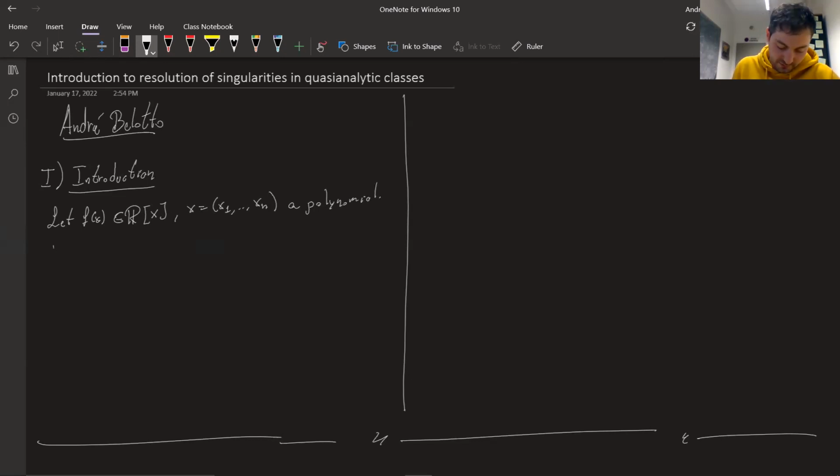So roughly, and this is very rough, a resolution of singularities of f is a proper birational map, this is called a morphism.